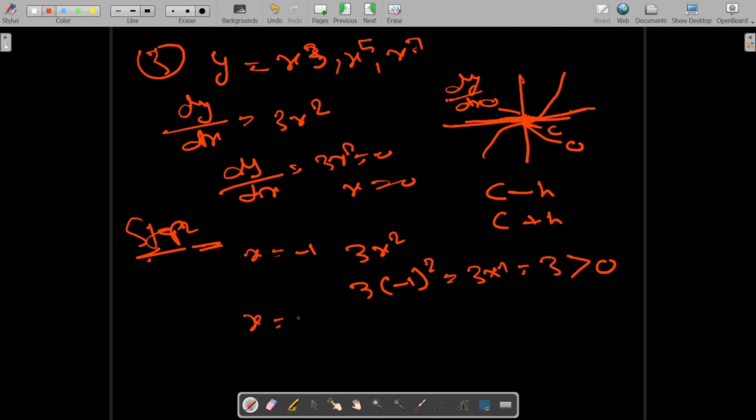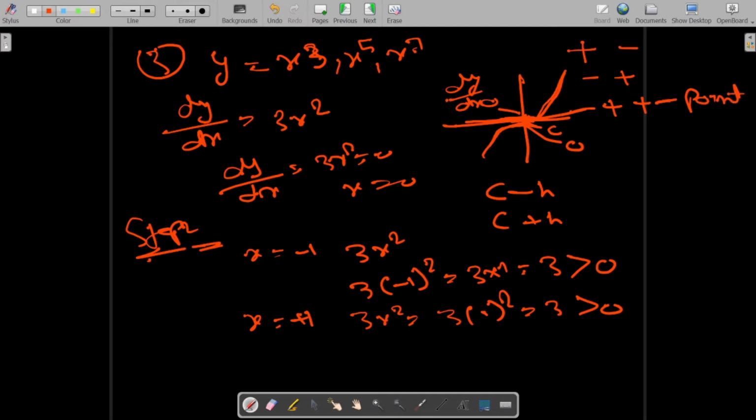And if you put x equals plus 1, 3x square, 3 times 1 square equals 3, it is also greater than 0. So that means here it is increasing, and at this stationary point dy by dx is 0, and again it is increasing. So it is neither going from positive to negative nor from negative to positive. It is positive. That's why we are saying it is a point of inflection.